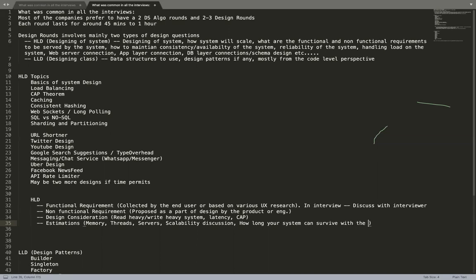Reliability, scalability, availability, that has to be part of the design considerations. I mentioned CAP, but yeah, here.